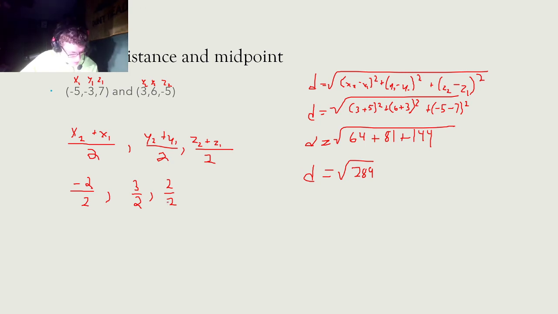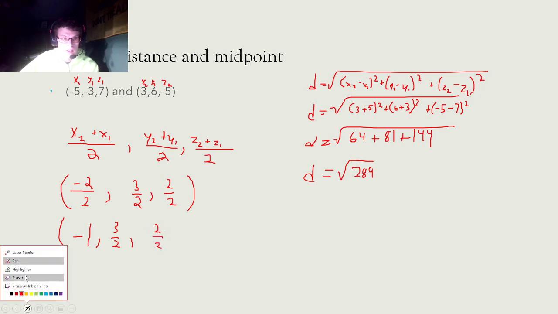So, my midpoint is negative 1, 3 over 2, and 2 over 2. Well, scratch that. 2 over 2 is equal to what? 2 over 2 is equal to 1.